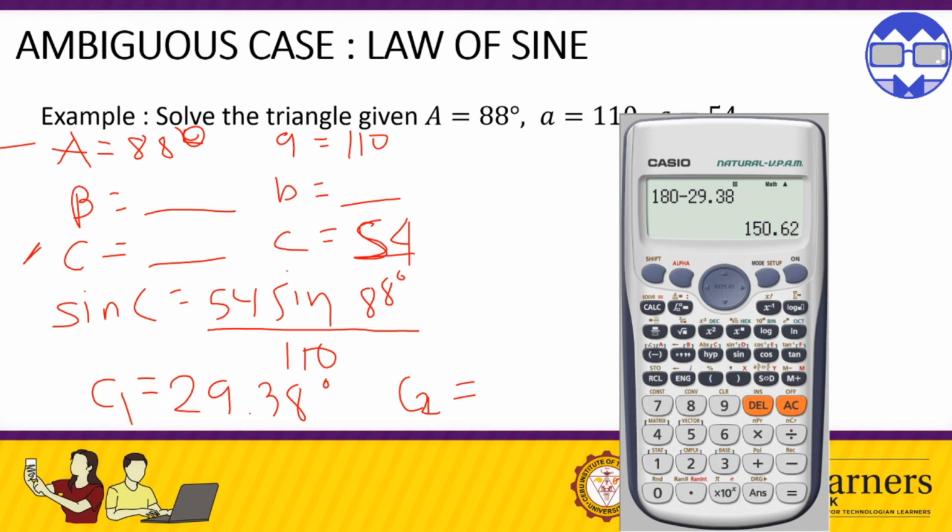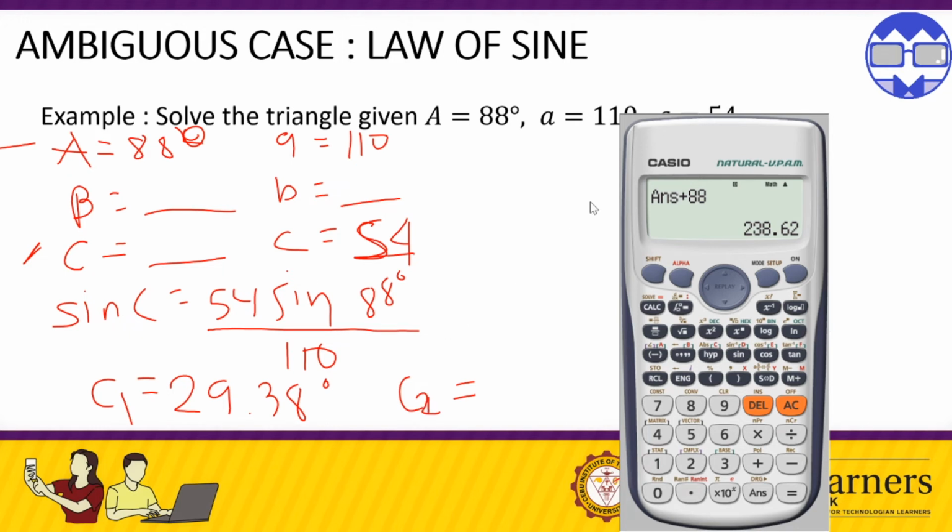So if C2 is 150.62, let's add our given angle here, 88, to check the sum. The sum is 238.62.